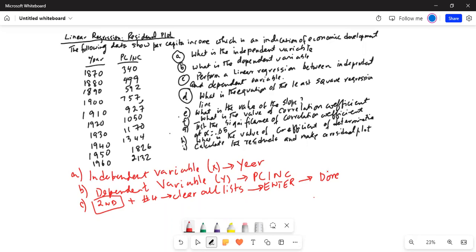Then stat 1. So in L1, so next is stat and then 1.